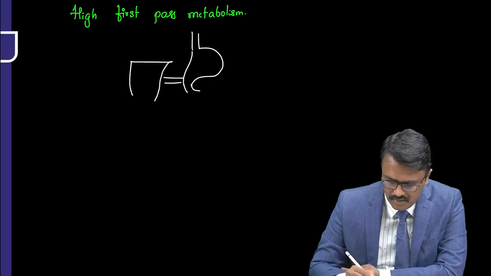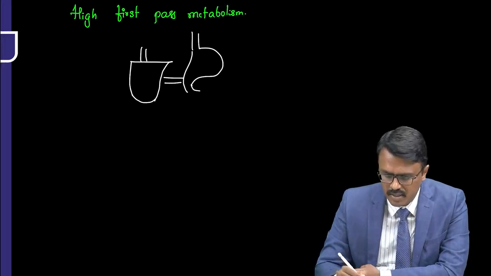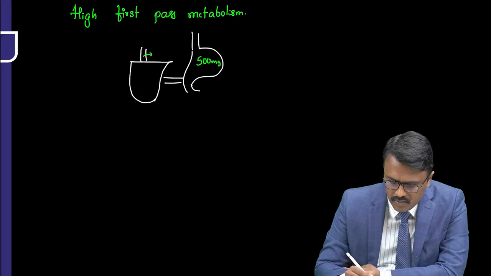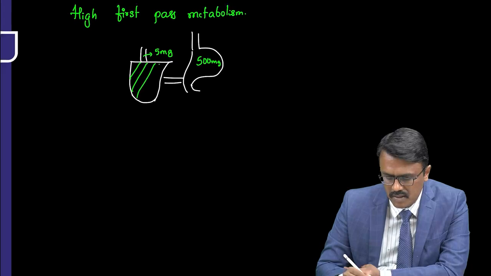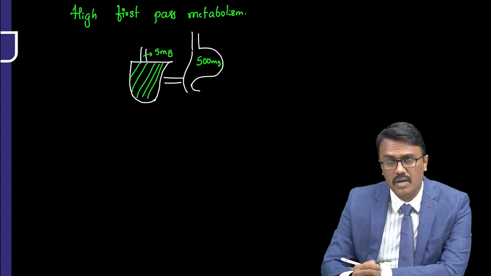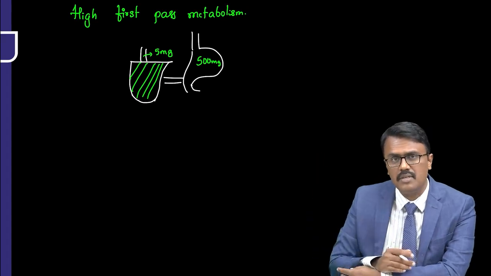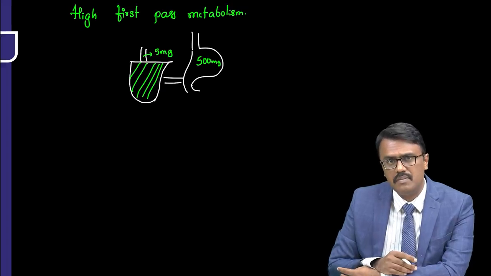So the liver here, and this is systemic circulation. Now suppose I give a drug 500 mg, and the drug coming here is only 5 milligram. That means the liver is metabolizing it too much. I have given 500 mg, only 5 milligram is available. Even if the drug is absorbed, it is metabolized for the first time in the liver.